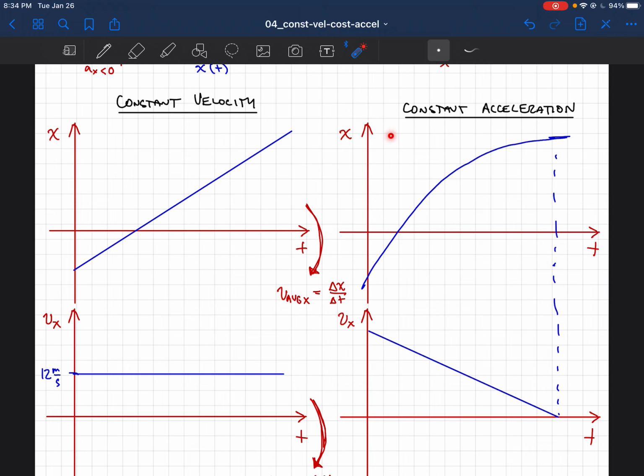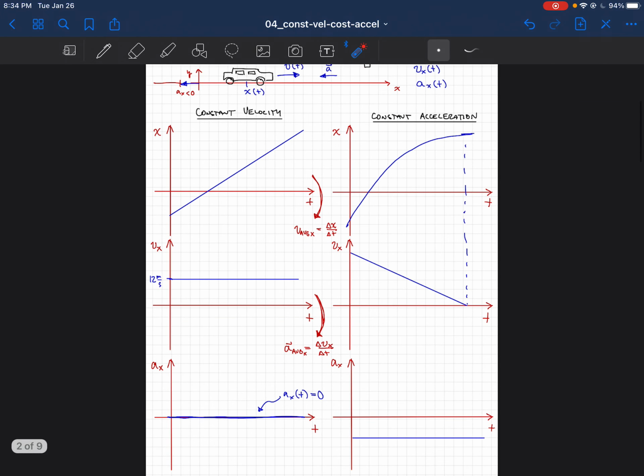So it's getting to that position, but it's getting there slower and slower. And then of course, if this continues to be flat, then that means the position is constant over time, meaning the car is staying at the stoplight. So you should understand what these graphs look like so that you can recognize or reproduce the graph of a motion for constant velocity or constant acceleration.